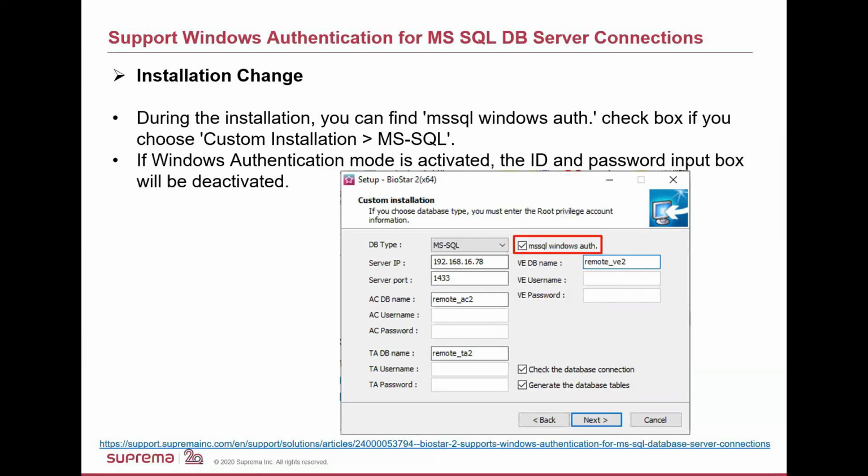During the installation, you can find the MSSQL Windows Auth checkbox if you choose Custom Installation and MSSQL. If Windows Authentication mode is activated, the ID and password input boxes will be deactivated. Please remember that if the connection is not set up well, you cannot move on to the next page during the installation.